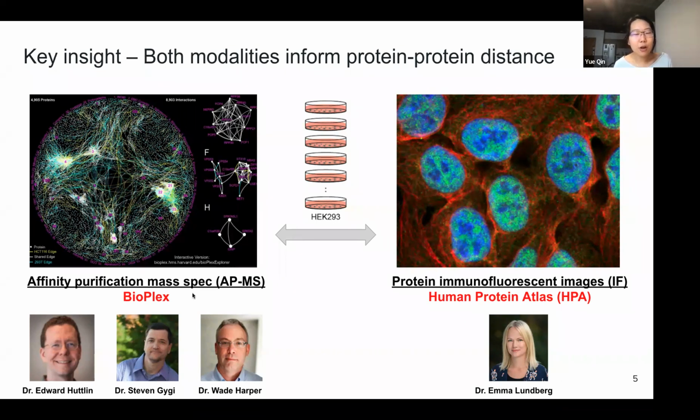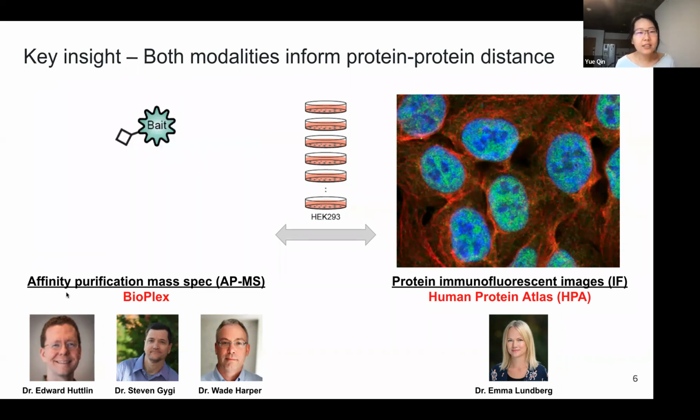And just a little more about Bioplex. Their technique for assaying protein-protein interaction is called affinity purification mass spectrometry. Your protein of interest is called a bait protein. By adding a specific tag to this bait protein and introducing it into the cell, you're able to pull down the bait protein using an antibody against the tag.